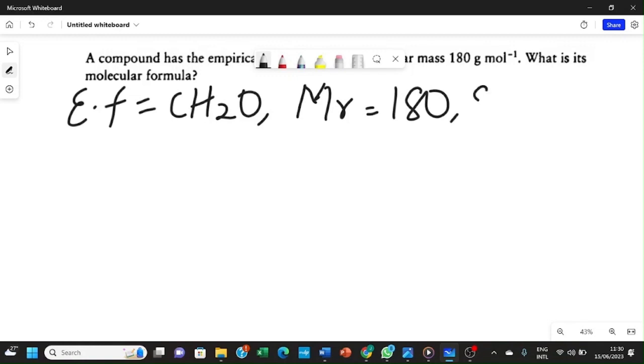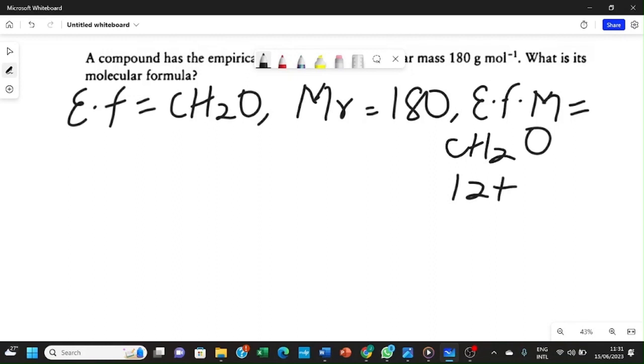So all we need is the empirical formula mass, which we are going to calculate. Since we know that the formula is CH2O, the empirical formula mass will be equal to carbon, 12, plus hydrogen, 2 times 1, plus 16. The relative atomic mass of carbon is 12, hydrogen is 1, and oxygen is 16. So let me use my calculator.